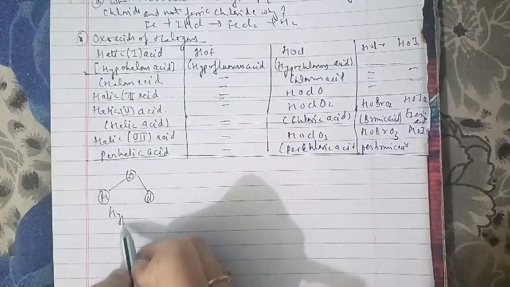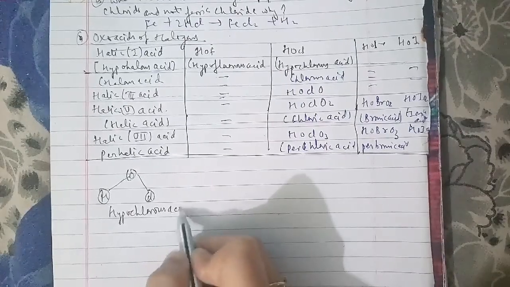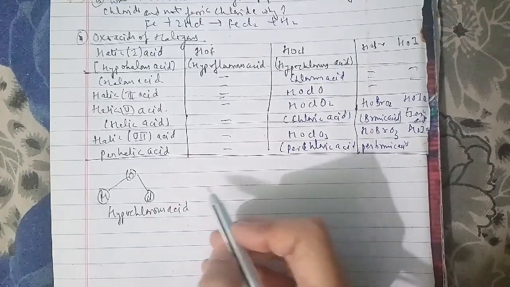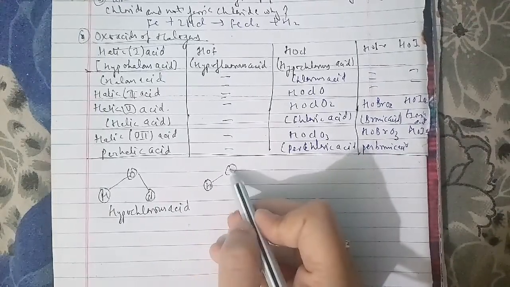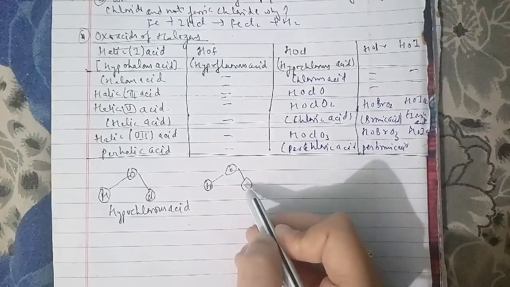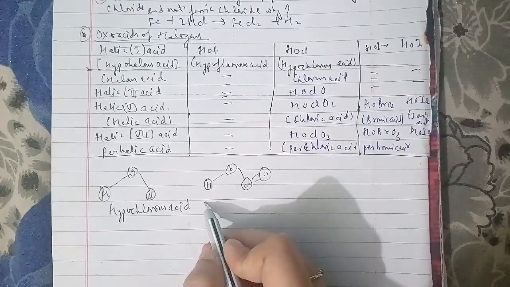And H-O-Cl with three double bonds to O is perchloric acid.